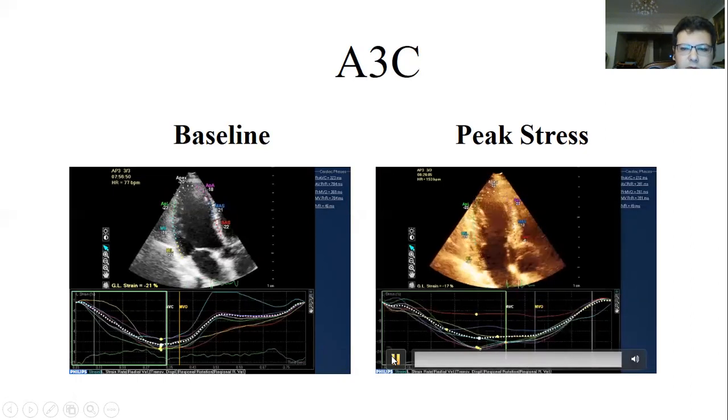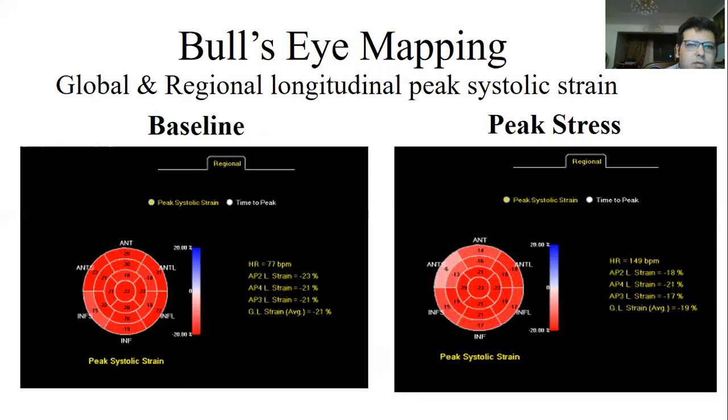and at peak stress. In the bullseye mapping, we can appreciate here the GLS at rest was -21%. This is good shortening, and this is bullseye mapping. Almost all regional strain values are good. Here at peak stress, the GLS reduced to -19.